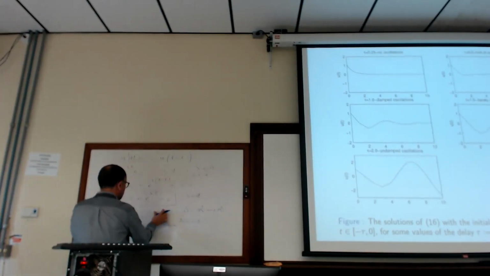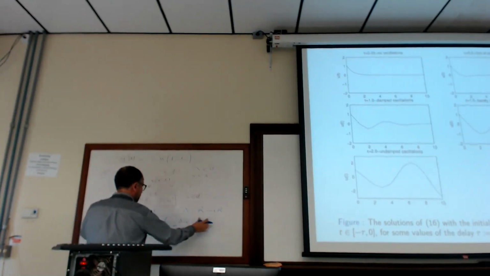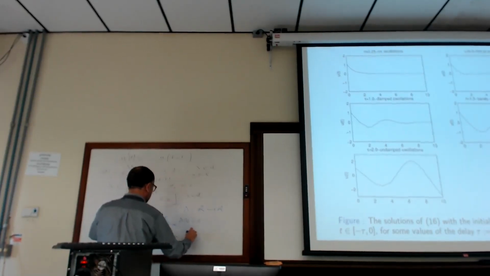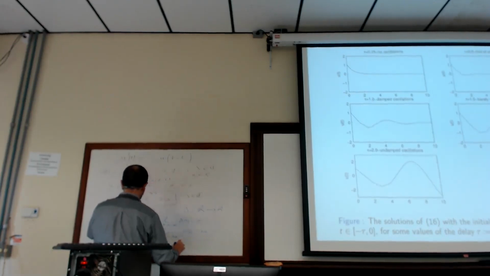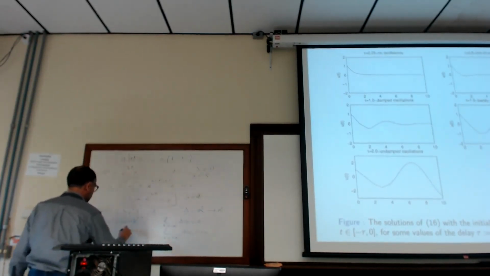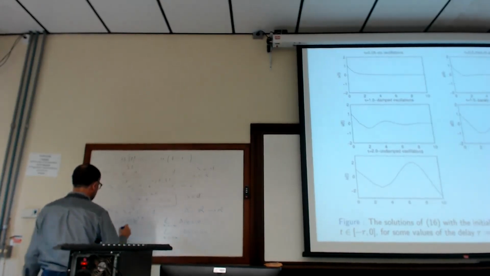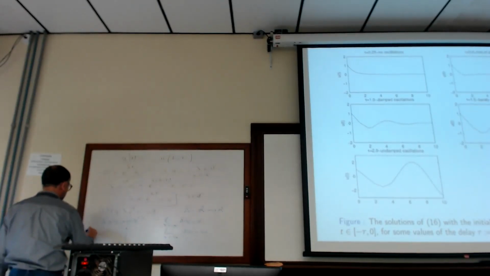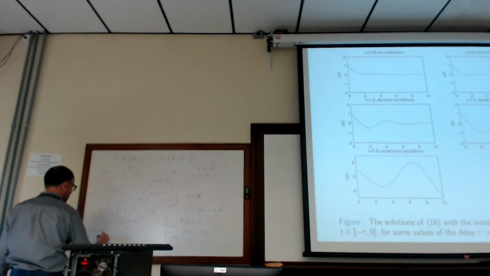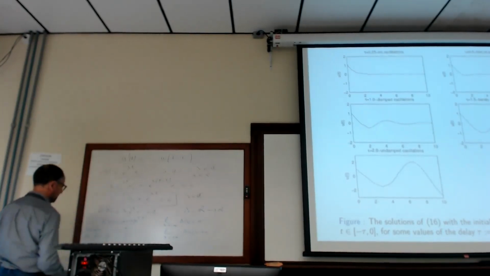It goes to 0, and the limit as lambda goes to plus infinity is plus infinity, so it has this form. And the derivative equals 0 when lambda equals minus 1 over tau.